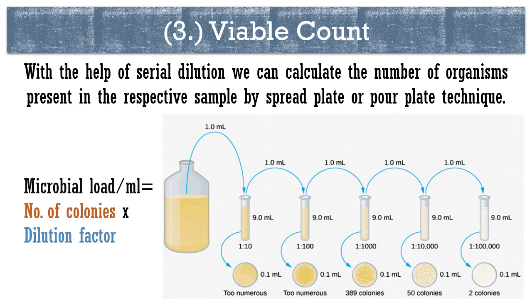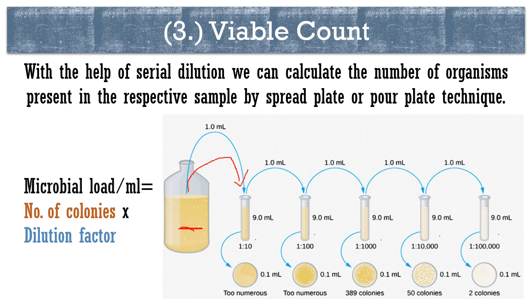As shown in the figure, you can see this is the original sample. Now all these tubes have 9 ml of sterile distilled water. As we are going to dilute the original sample, from the original sample we add 1 ml of sample into the 9 ml of distilled water.